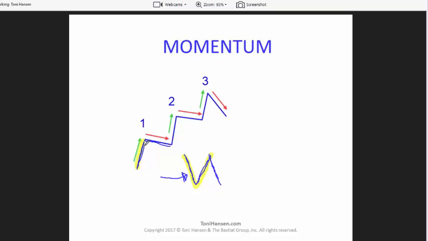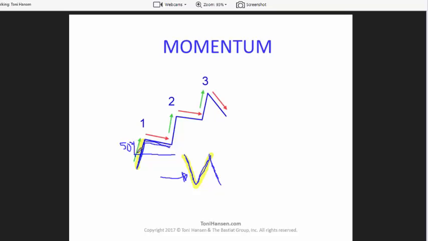This initial move is what we call an impulse move, and I'm going to show you what this looks like on some of the individual charts in just a minute. Now, ideally, when you're looking at continuation moves, such as from 1 to 2, what we want to see is a corrective move that holds within the upper 50% of this initial impulse move.